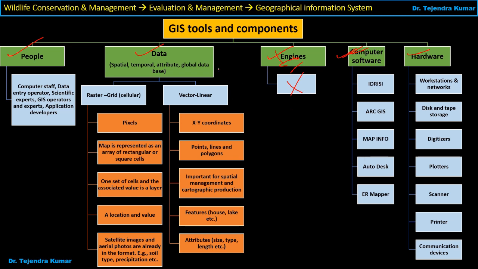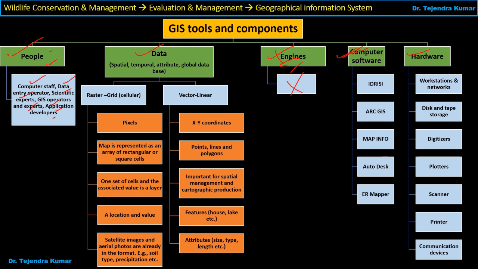So the components include the people, data, computer software, and hardware. People like the computer staff, data entry operators, scientific experts, GIS operators, experts, application developers, and these all are the people.